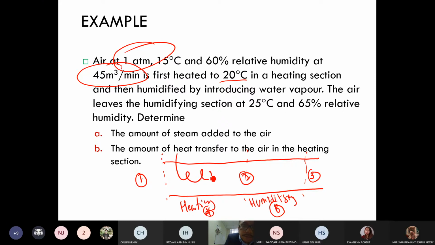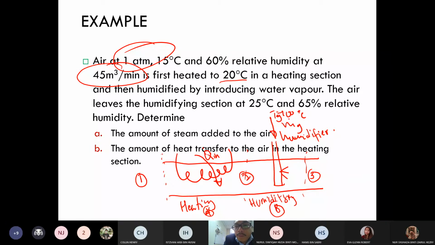In the heating section, there will be Q in to the system. And in the humidifying section, where you have the humidifier, steam is injected. It wasn't told to us, so we assume that the steam is 100 degrees Celsius, so Tg is equal to 100 degrees Celsius, where we don't know the m dot g.